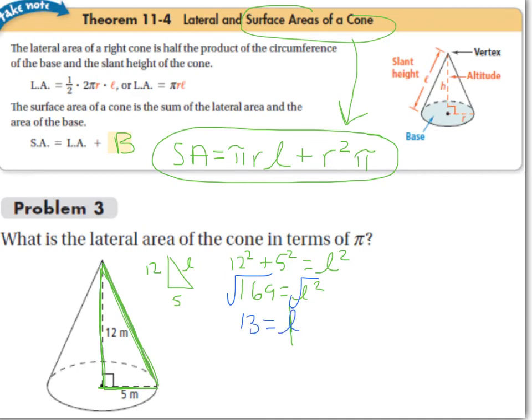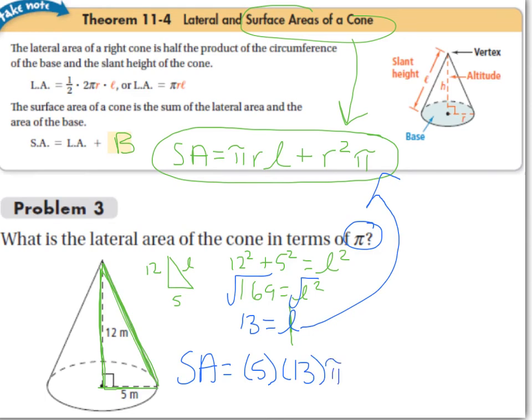So now if I use this formula right up here, and I want to leave it in terms of pi, my surface area is going to be equal to my radius. Radius here is 5 times my slant height, which is 13, times pi, plus my radius squared times pi. And now I want to simplify this. 5 times 13 gives me 65 pi.